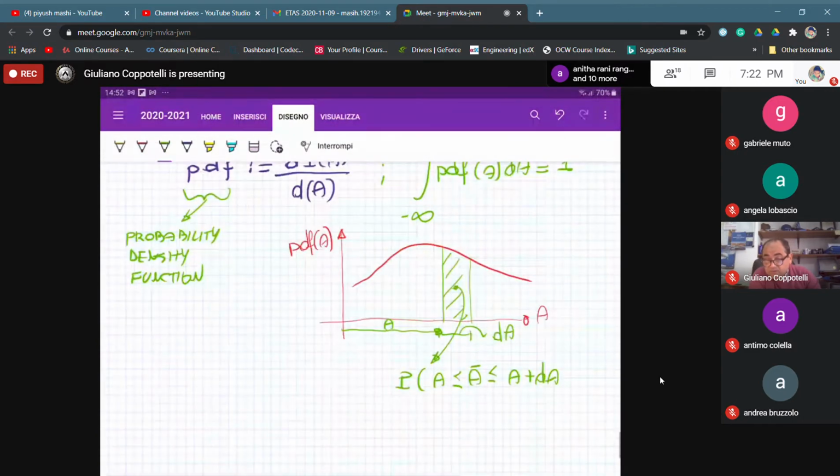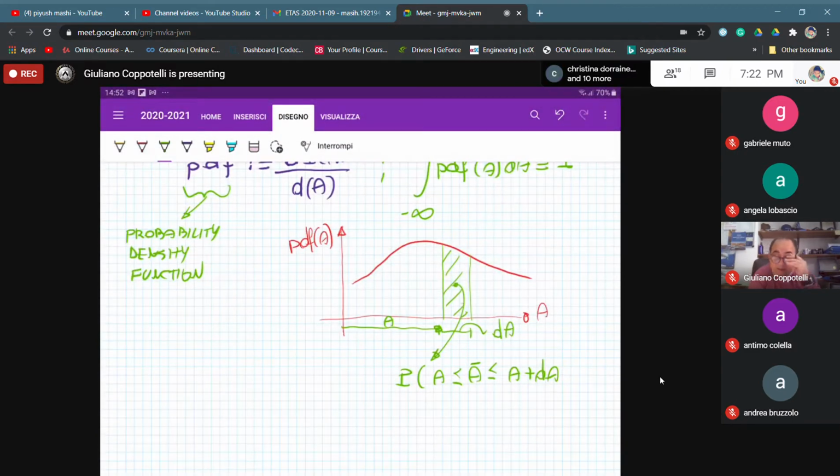Now, when referring to outcomes that depend on just one parameter, we can rewrite something more detailed.